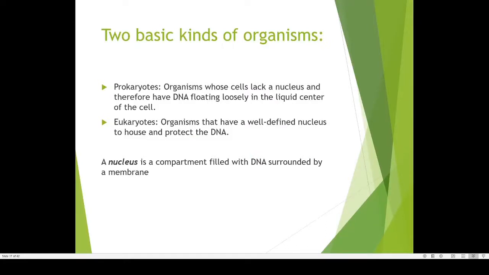So there are two basic kinds of organisms, your prokaryotes and your eukaryotes. Prokaryotes are organisms whose cells lack a nucleus and therefore have DNA floating loosely in the liquid center of the cell. Mostly those are your bacteria. Eukaryotes are organisms that have a well-defined nucleus to house and protect the DNA, like humans.